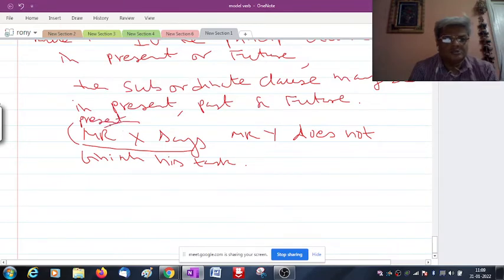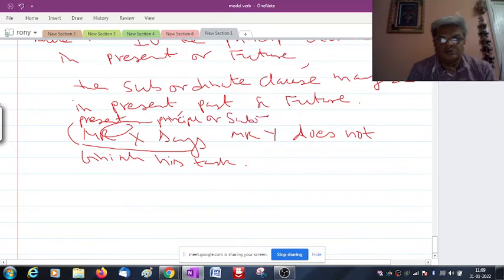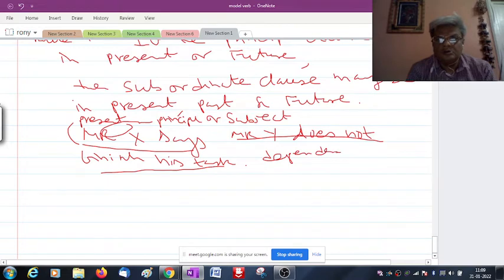This is the subject, the principal clause, and this is the dependent clause. So Mr. X says Mr. Y does not finish his task.